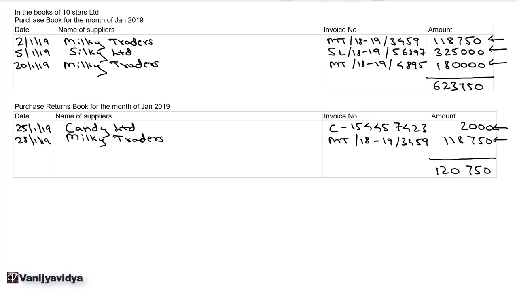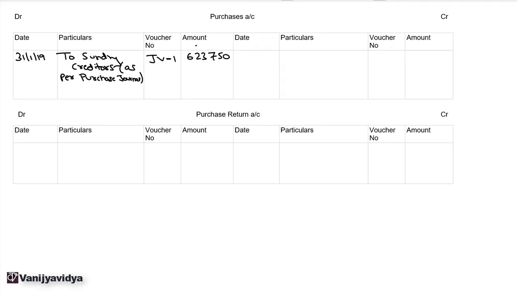Next, purchase returns book 1,20,750. Let's post this entry for the month of Jan in purchase returns account. Entry for purchase returns will be your sundry creditors account debit to purchase return account. So on 31st Jan 2019, by sundry creditors, details as per purchase return journal or purchase return book.